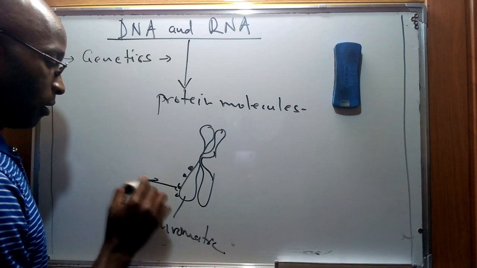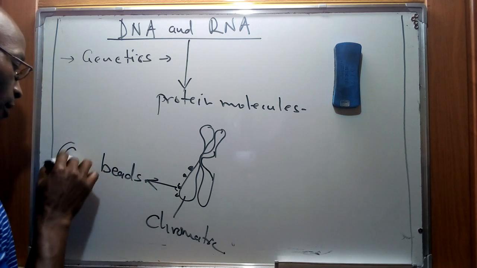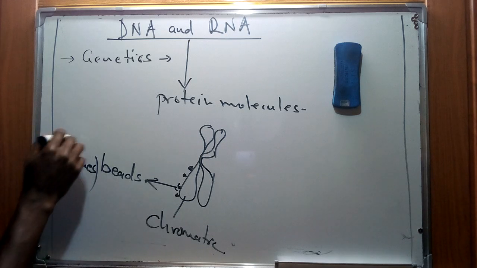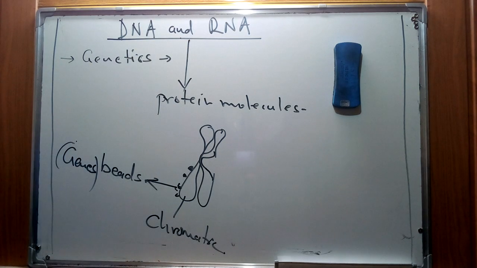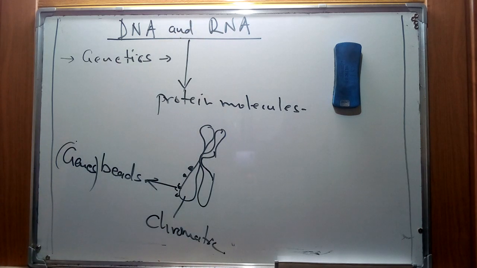Therefore they appear in the form of beads, and they are referred to as genes. So basically, these genes can be referred to as the two molecules of DNA and RNA. We're also going to discuss their specific roles, and that's going to give us a clear difference between the two molecules.